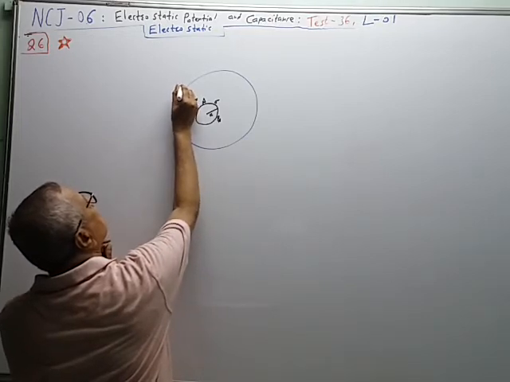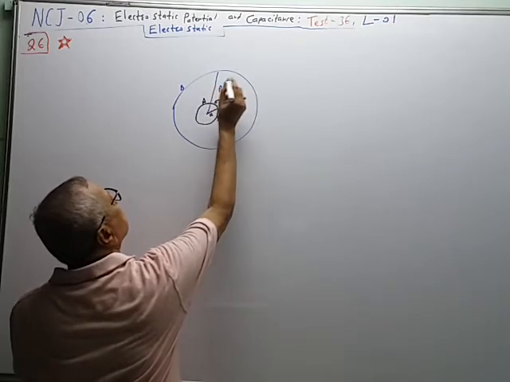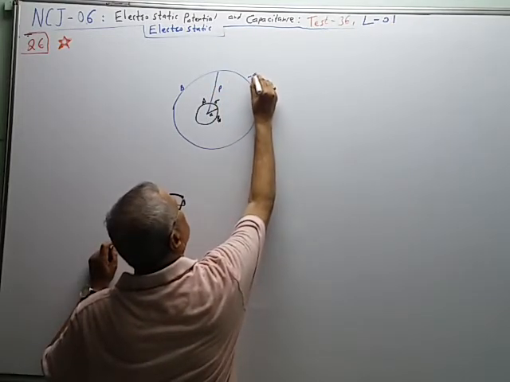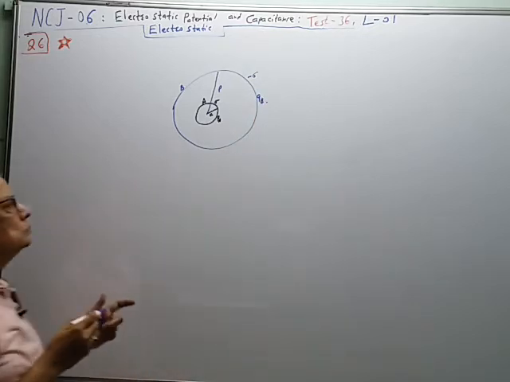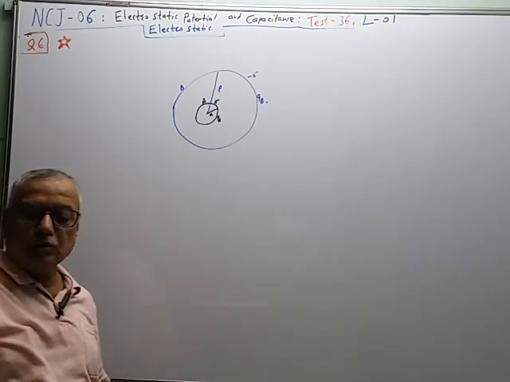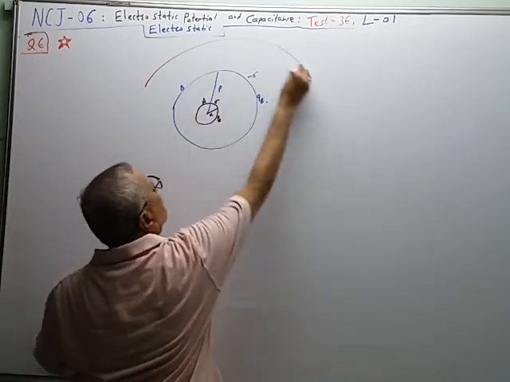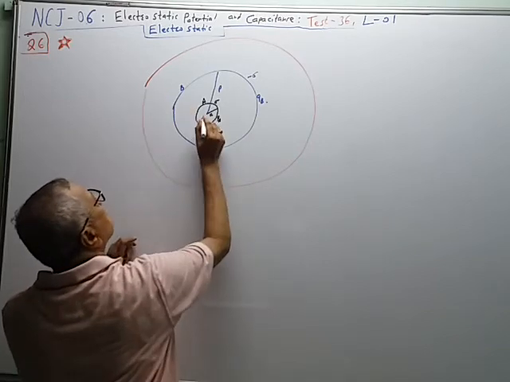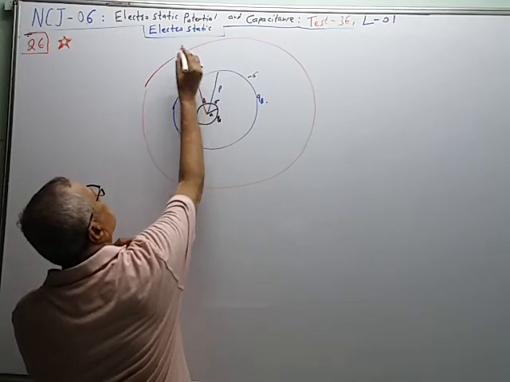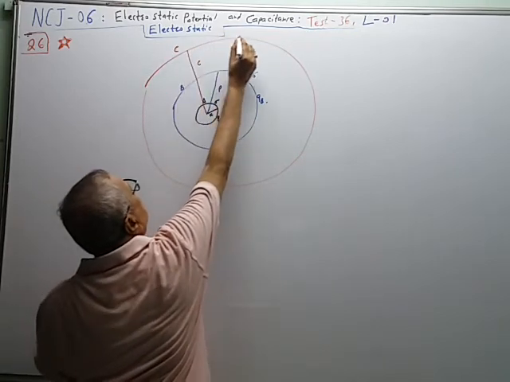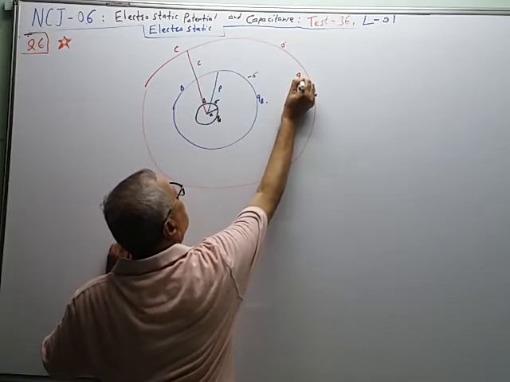This is sphere B having radius B, having surface charge density minus sigma, total charge QB, and the outermost sphere is C. This is radius C, this is surface charge density sigma, and the charge is QC.